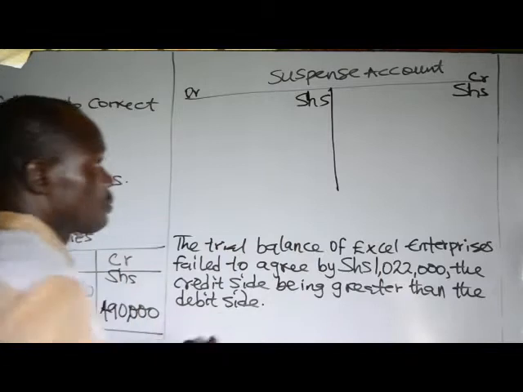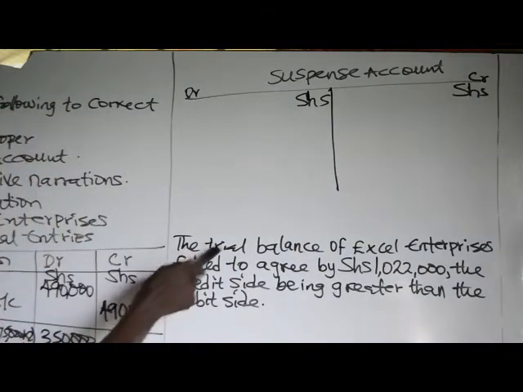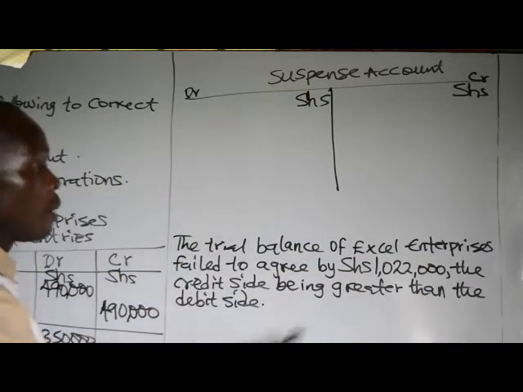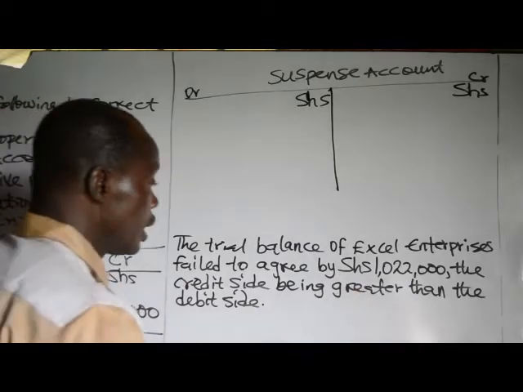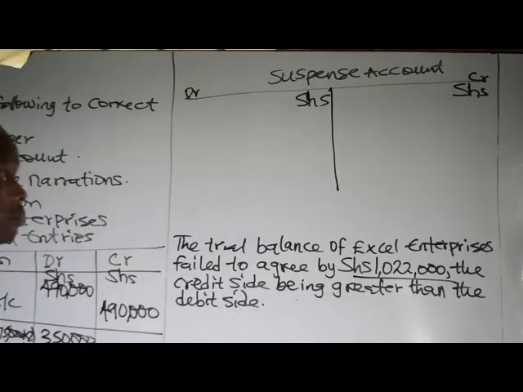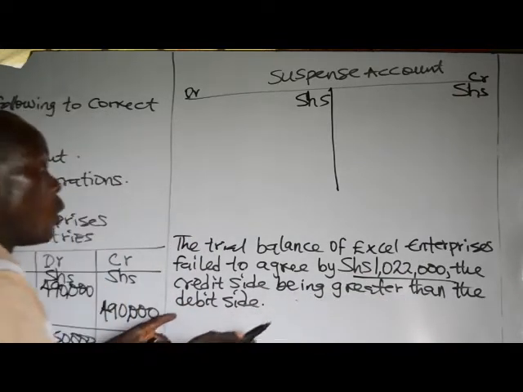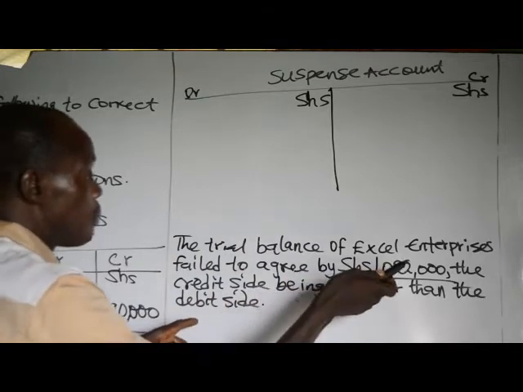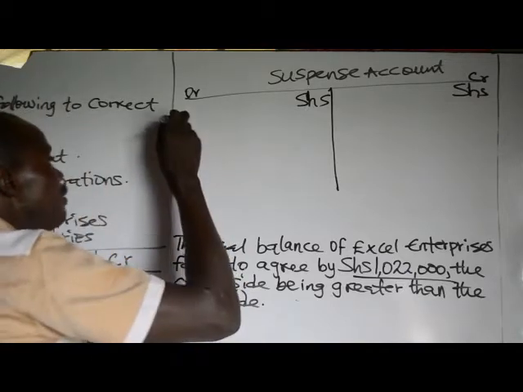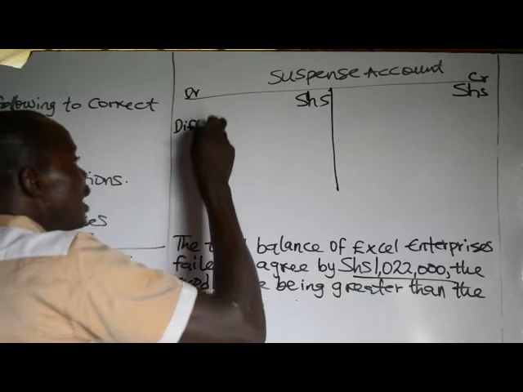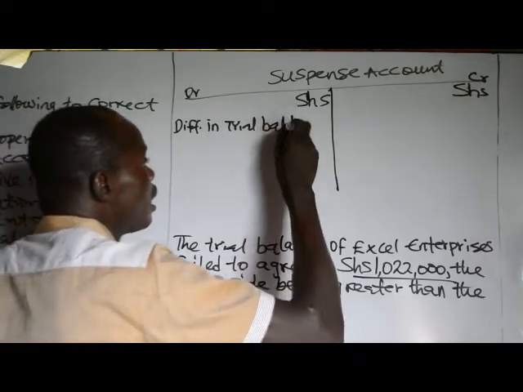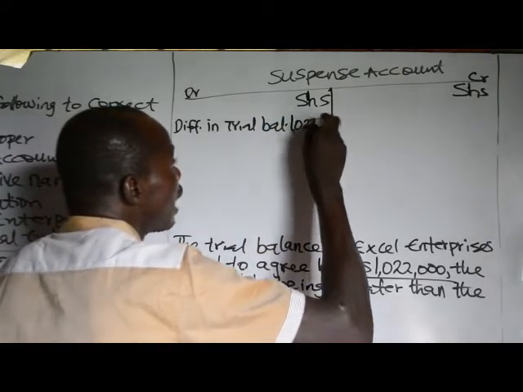You were told that the trial balance of Excel Enterprises failed to agree by 1,022,000 shillings, the credit side being greater than the debit side. That means to agree the debit side with the credit side, the difference of 1,022,000 will be inserted at the debit side. So you have the difference in trial balance of 1,022,000 shillings.